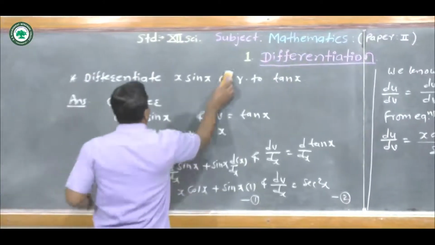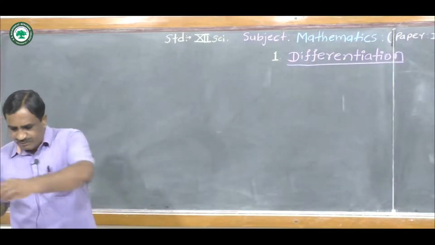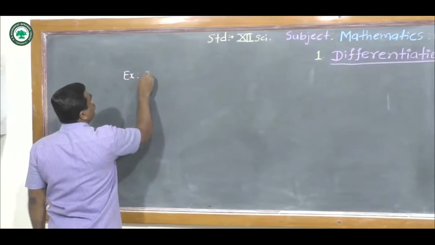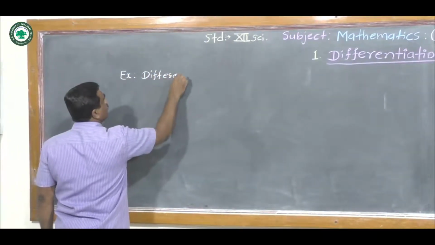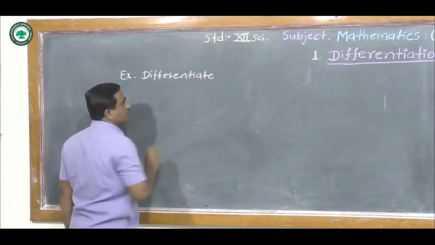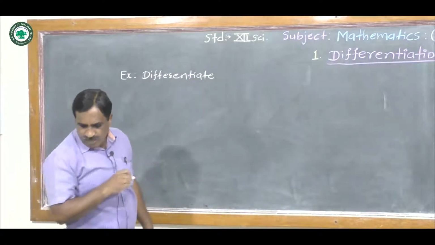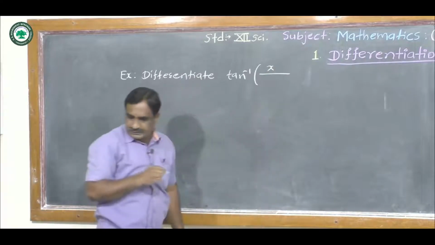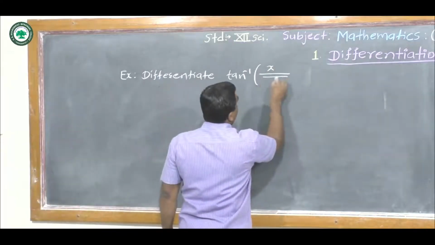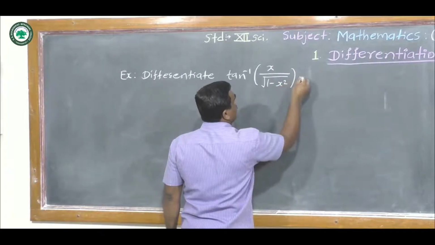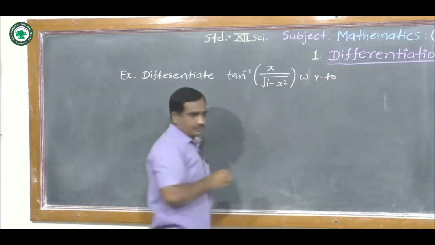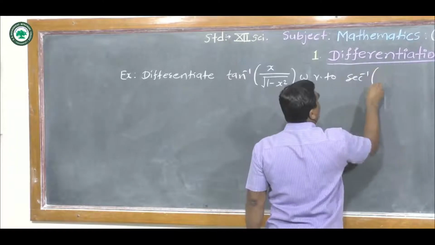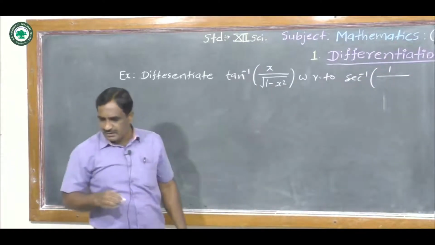Next example, differentiate tan inverse of x upon under root 1 minus x square with respect to sec inverse of 1 upon 2x square minus 1.